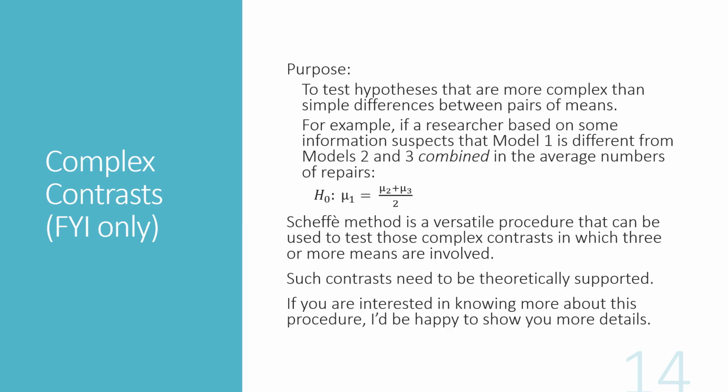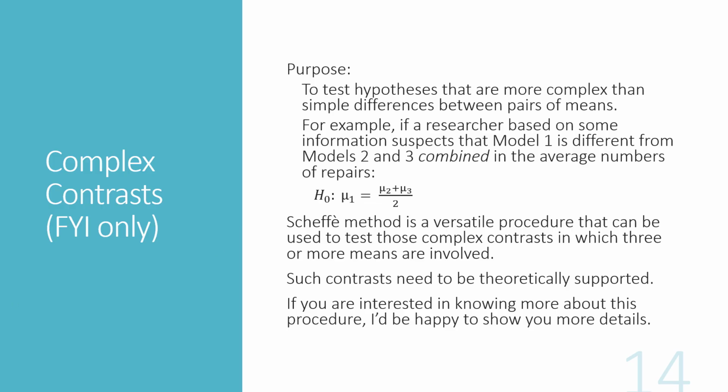This type of test involves more than two means and is called a complex contrast. If the test is expressed in an equation, it would be mu1 equals the average of mu2 and mu3.